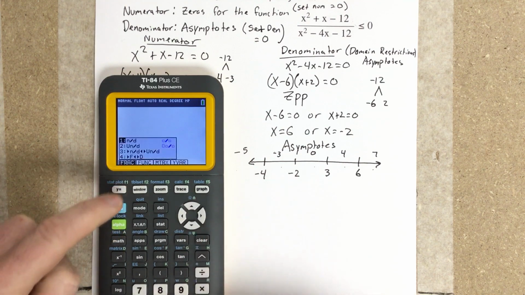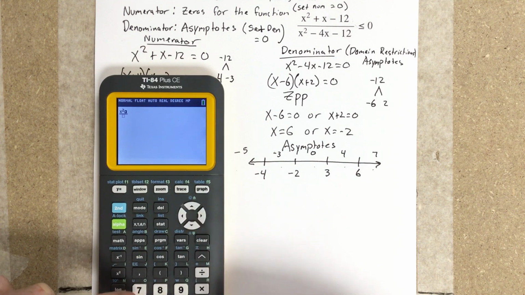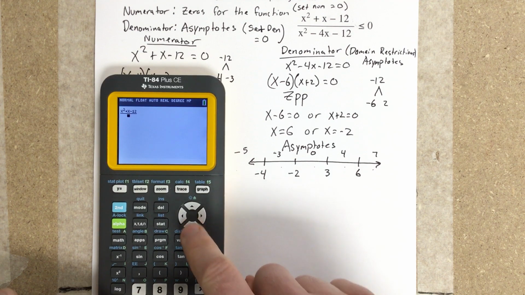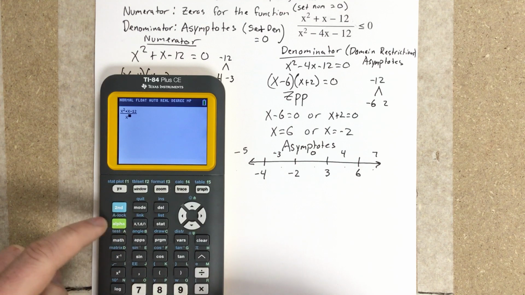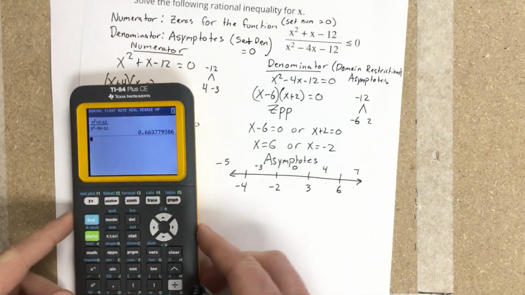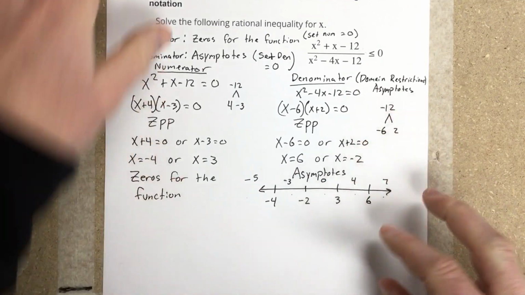Let's put the fraction in there: x squared plus x minus 12 over x squared minus 4x minus 12. Okay, so here's what we're going to do.